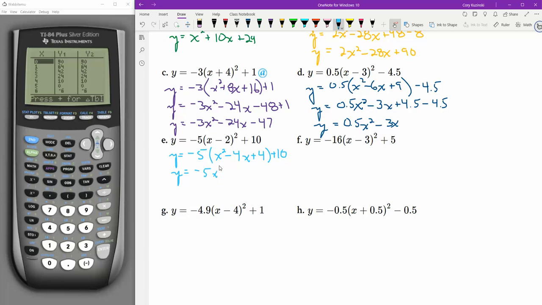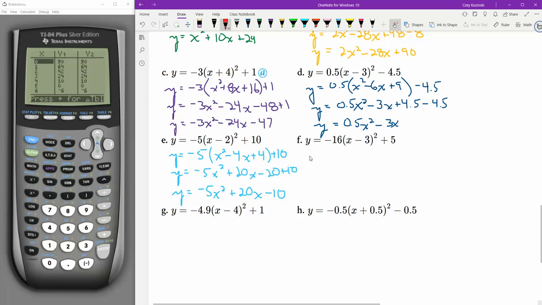Negative 5x squared plus 20x minus 20 plus 10. And then combine some like terms. Negative 5x squared plus 20x. Negative 20 plus 10 is negative 10. Stretching out my hand. Okay.